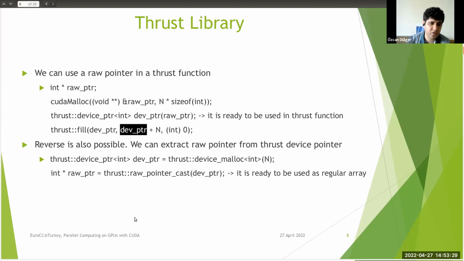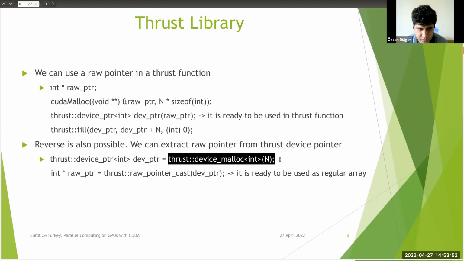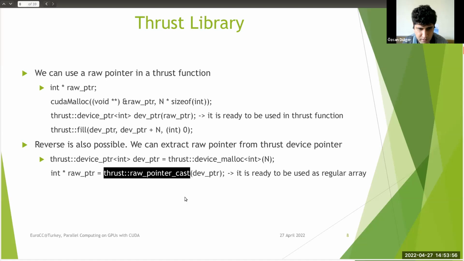And the reverse is also possible. We can extract a raw pointer from a Thrust device pointer. Okay, this is our Thrust device pointer. We allocate a memory location for it by using this function.